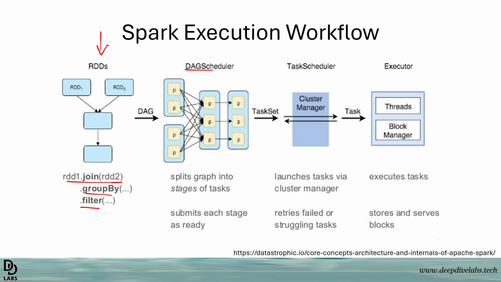While you do your transformations, your DAG gets updated, right? So your directed acyclic graph actually gets built. It splits the graph into stages of tasks, then submits each stage as it's ready. Each of the stages consists of multiple tasks. It is the driver program that talks to the cluster manager and negotiates for resources.